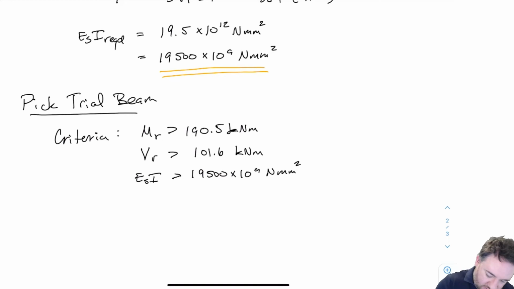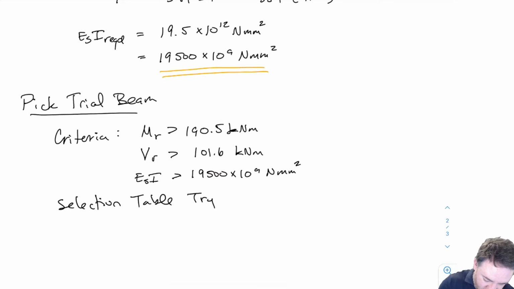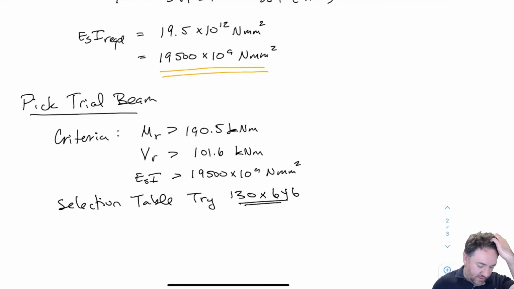Okay, so let's choose from the selection table, try 130 by 646. So we're going to start by looking at the bending resistance of this.